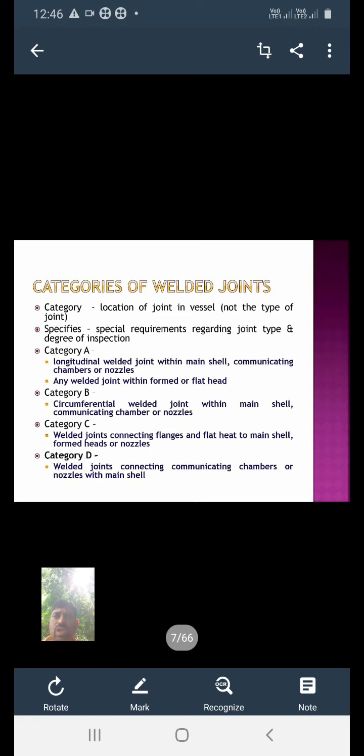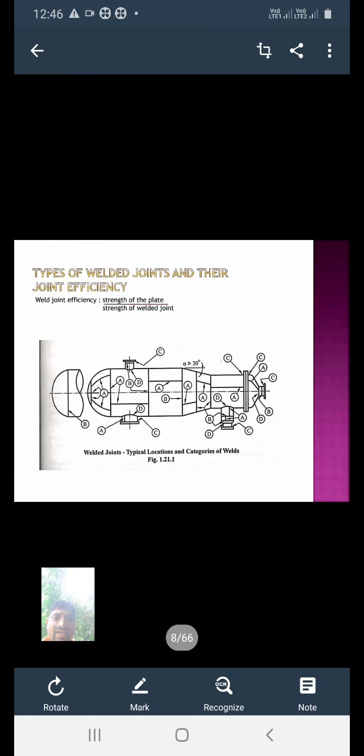The term category specifies only the location of the welded joint in the pressure vessel and does not imply the type of welded joint: Category A, Category B, Category C and Category D.